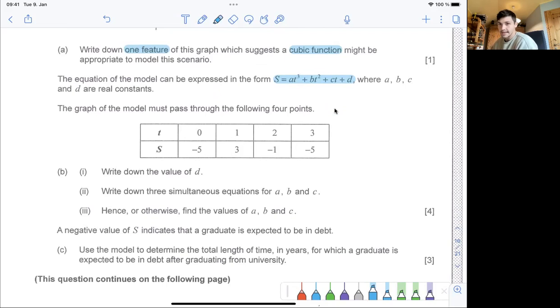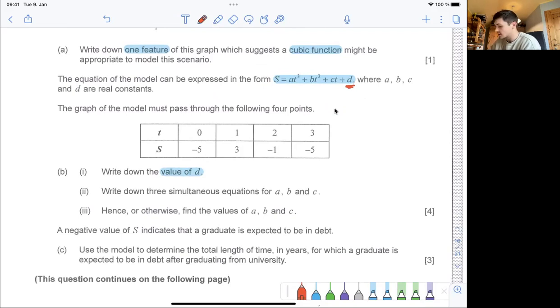Part B1 asks us to find the value of D. When we look at our function here, D is effectively representing the y-intercept.